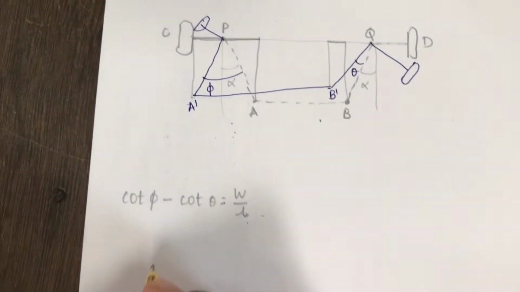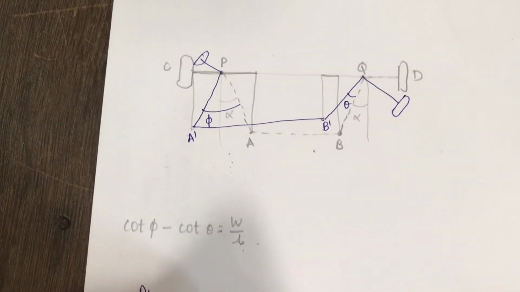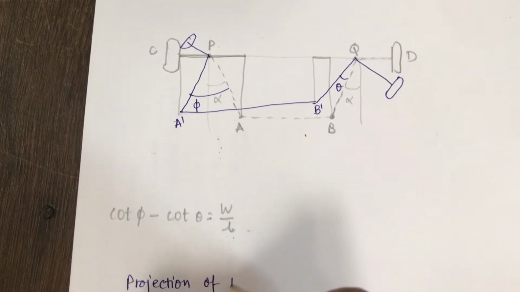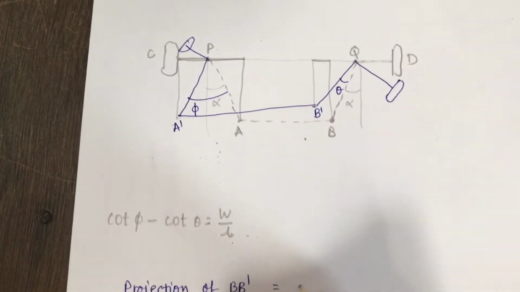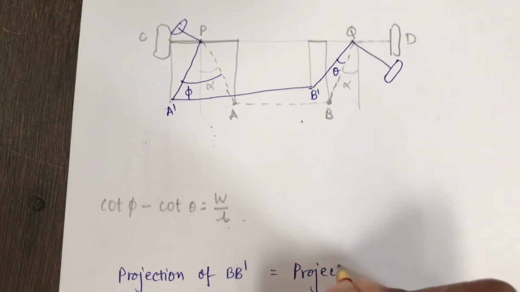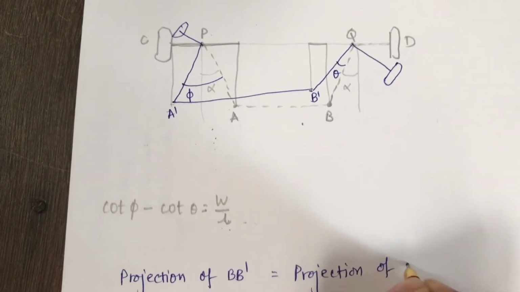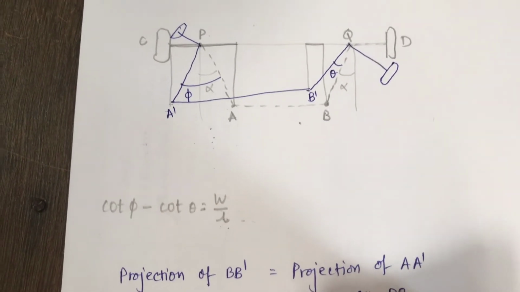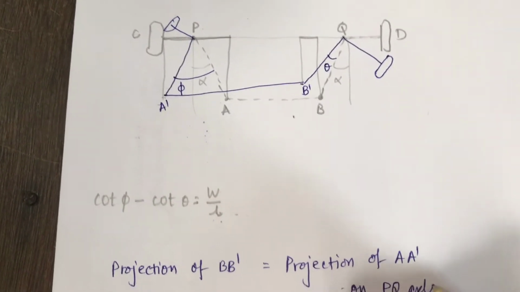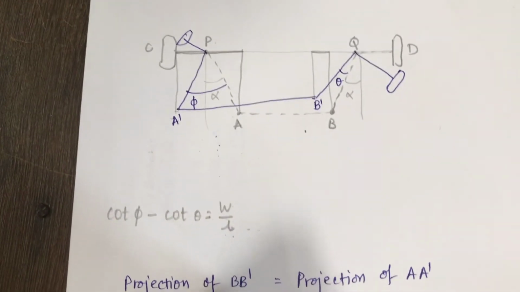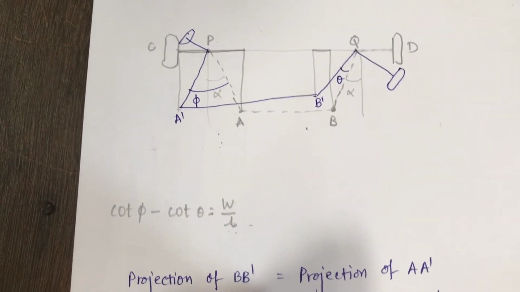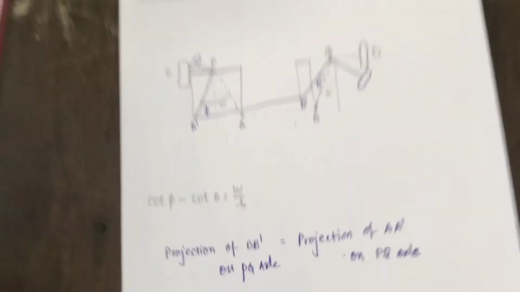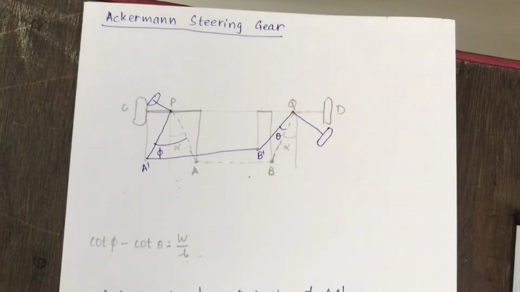So in that case we can write the projection of BB dash equals the projection of AA dash on the PQ axle. Likewise, the same on the PQ axle. So that is the projection. Now it is important to determine this projection.